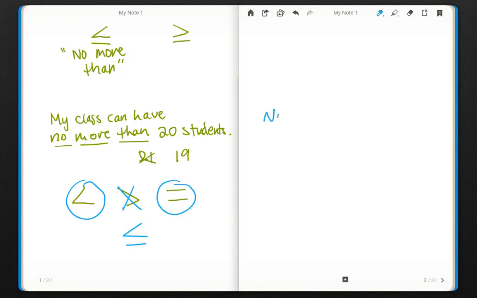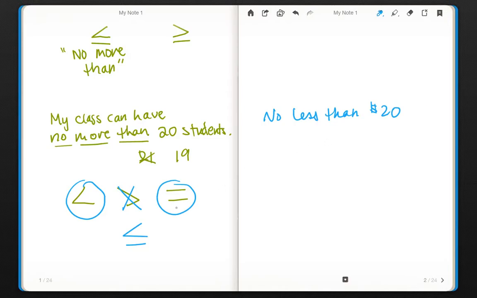So if I say no less than $20, well, that means I won't have enough money if I have less than $20, right? So no less than 20, I need at least $20. Well, what's at least? I can have 20, or I can go above 20.